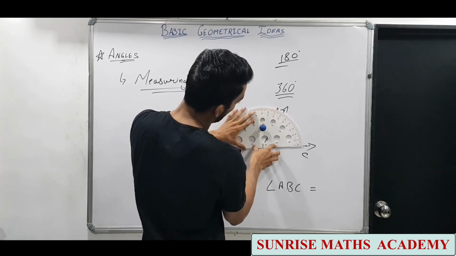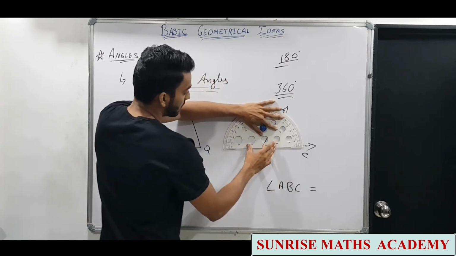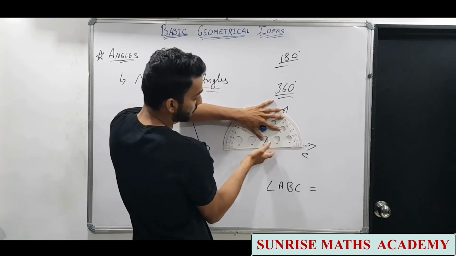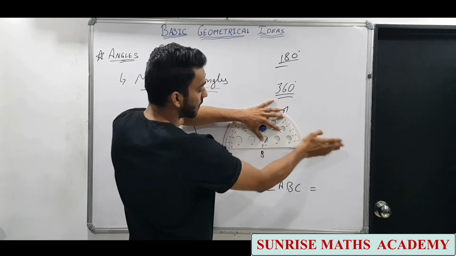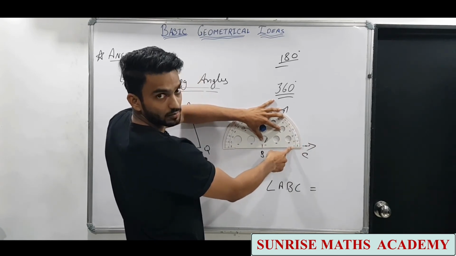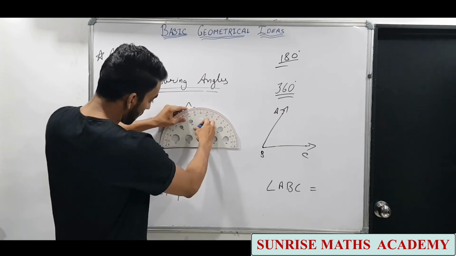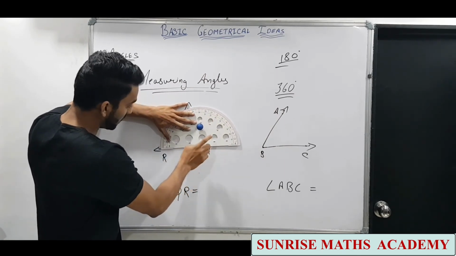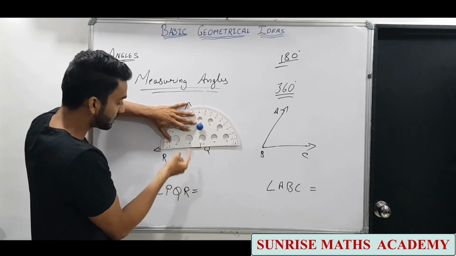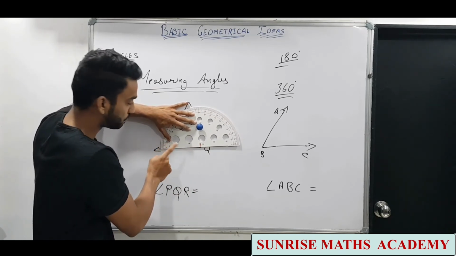After matching that, you have to see the arm which is matching the baseline. If it is going on the right side, we use the scale which is starting from the right, and when the arm matched with the base of the protractor is going towards the left side, we use the left scale which is starting from the left side.